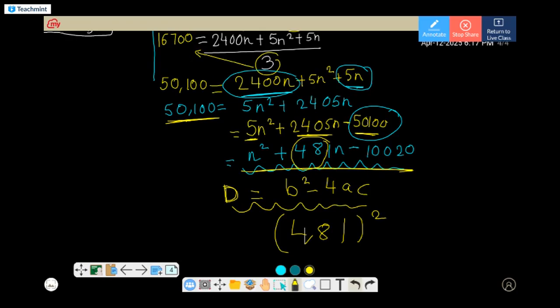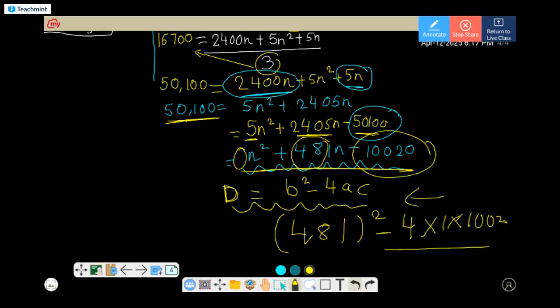Still, you will get an answer, but because you already have this big number, this method will go very lengthy. If you do minus 4ac, a is your first term, which is 1, and c is the last number, which is 10020. This multiplication will go very long, and then you get a big answer, and then you have to take a square root. So for this one, it's better to go by the factorization method.